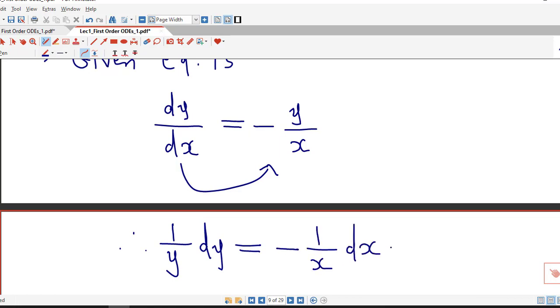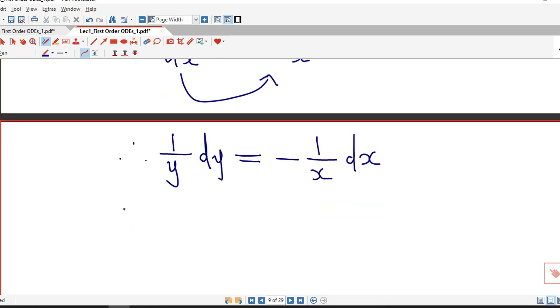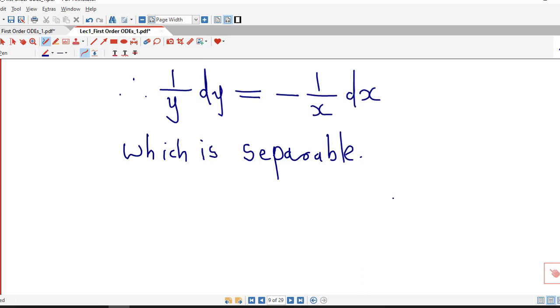So this is separable ordinary differential equation. So as we know, if our equation is separable, we have to integrate both sides with respect to x and y.